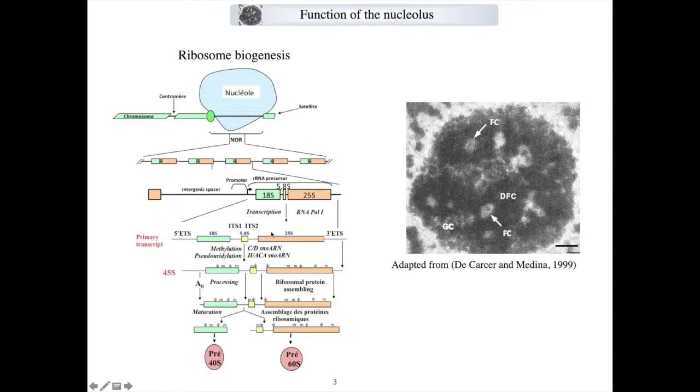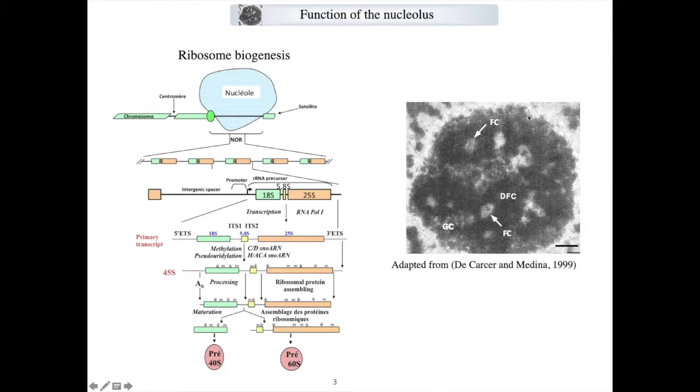After this transcription, there are many steps of maturation and processing to give rise to the pre-ribosome 40S and 60S subunits. Most of these steps of ribosome biogenesis are located in the nucleolus, but some late processing steps happen in the nucleoplasm and in the cytoplasm.